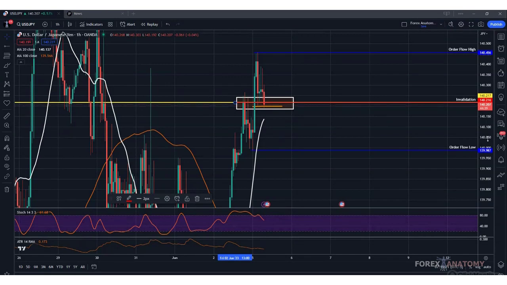Regarding the three-wave pullback that Melvin talked about, sometimes if I'm unclear about how it is formed, I go to a chart type called the Heikin-Ashi, which can help to some degree because it plots out the candles relative to momentum.